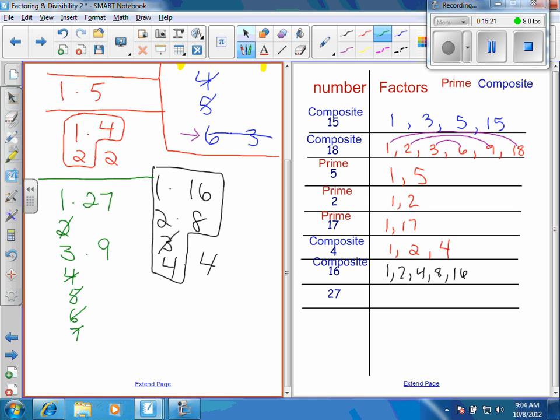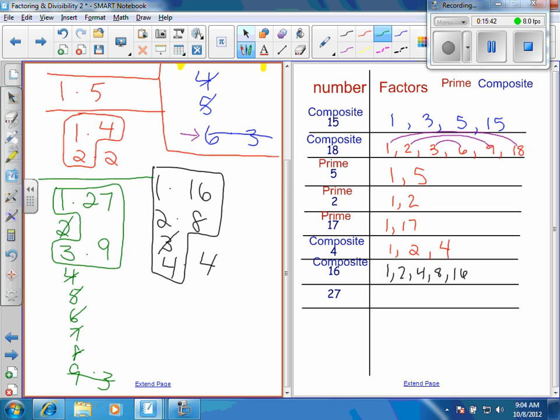No. 8? 9? Oh, yeah, 9 times 3. There's your repetition, right? So that means we found them all up here: 1, 3, 9, and 27.